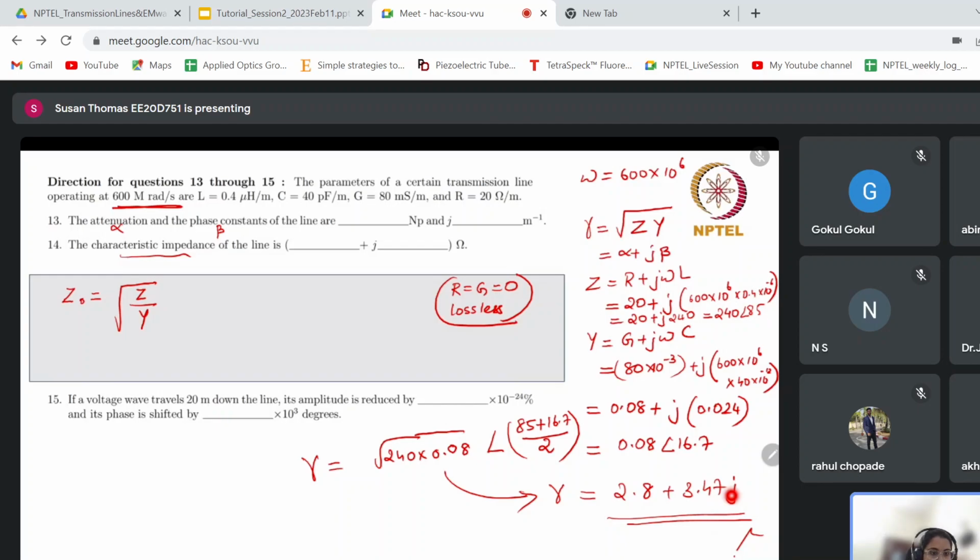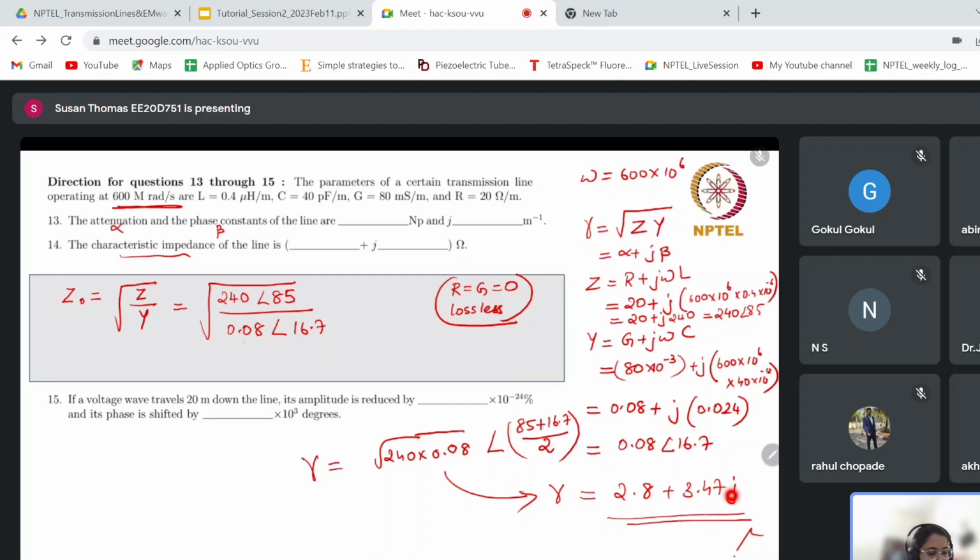Is there any doubt? I hope everybody knows this. I need not spend much time. So similarly, in case of characteristic impedance, this will be like 240 angle 85 divided by 0.08 angle 16.7.